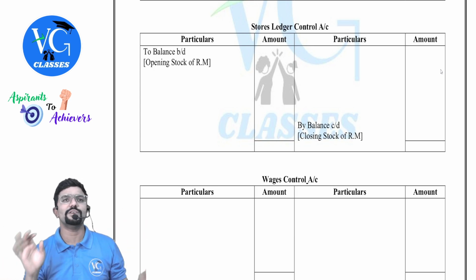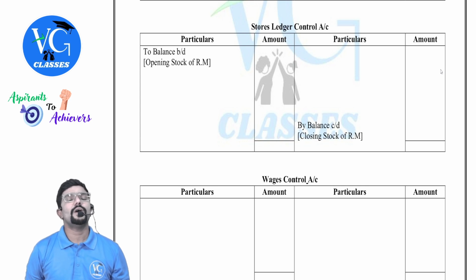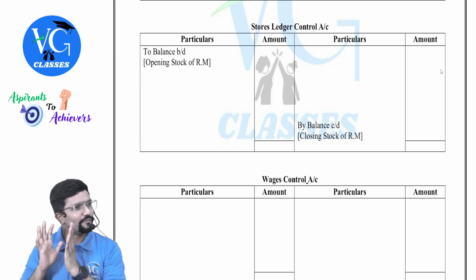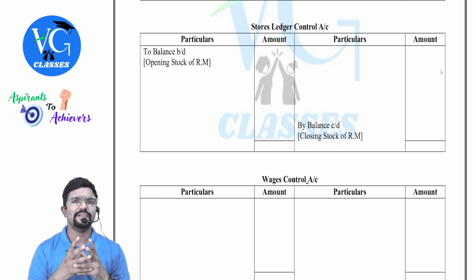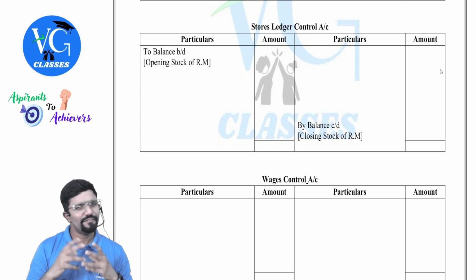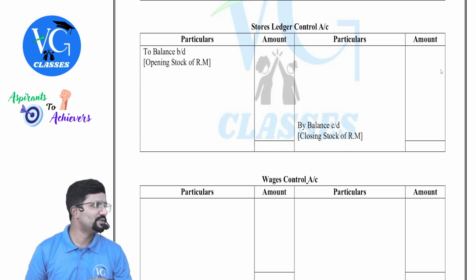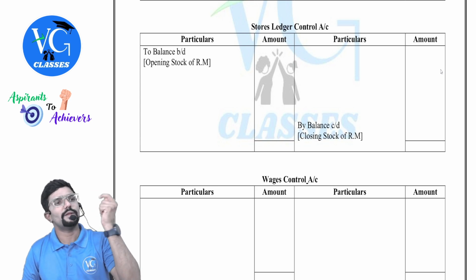Nominal account: debit all expenses and losses, credit all incomes and gains. Okay? For most of the entries, guys, we will connect to this. Even if you are not able to connect, you will understand, but it's good to connect.